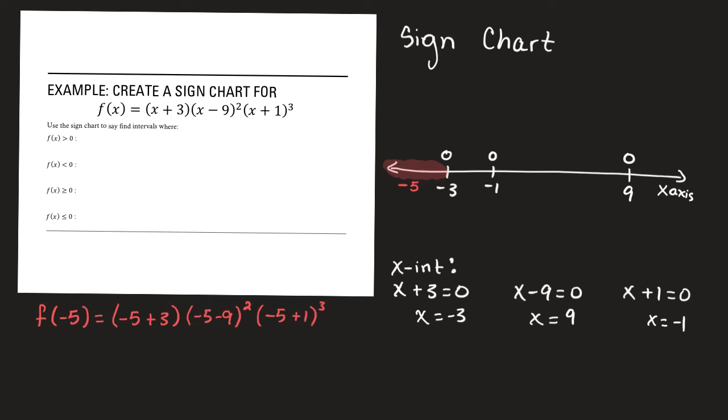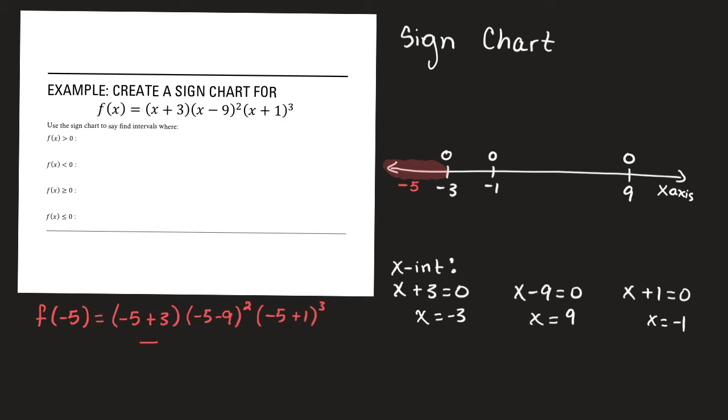Because what we're creating is a sign chart, I don't actually care about the value of f of -5. I care about the sign of f of -5. So I'm going to determine the sign of this overall value by finding the sign of each individual factor. The first factor is -5 plus 3. -5 plus 3 will have a negative sign.